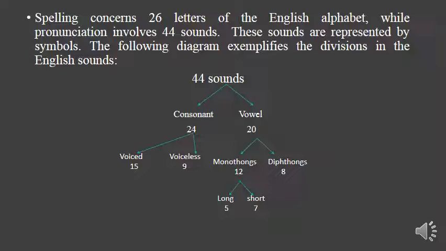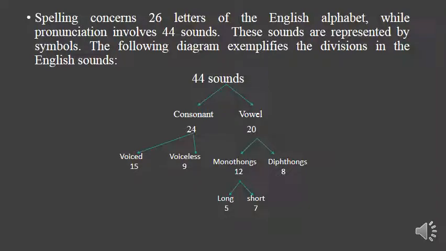In the English language, we have 26 alphabets, that is letters, and 44 sounds. And these 44 sounds are divided into two: consonants and vowels. The consonants are 24 and the vowels are 20.